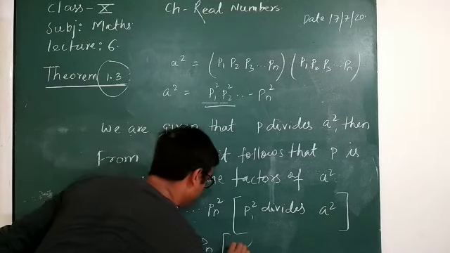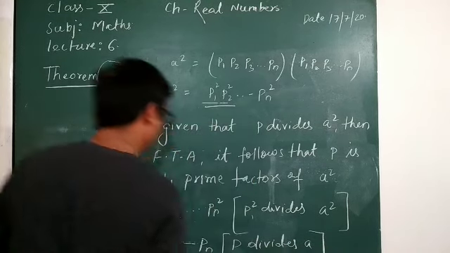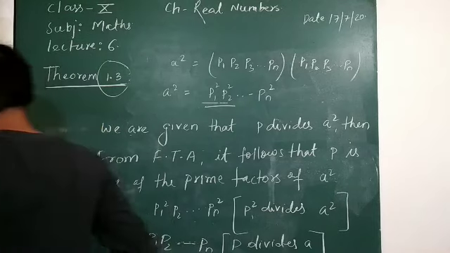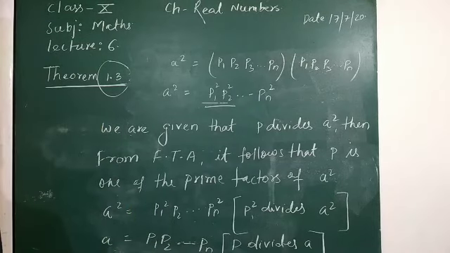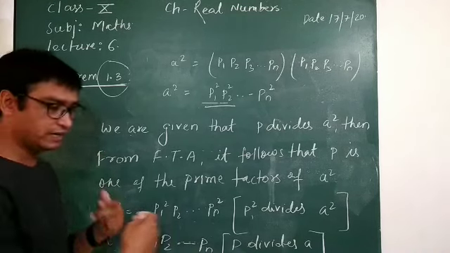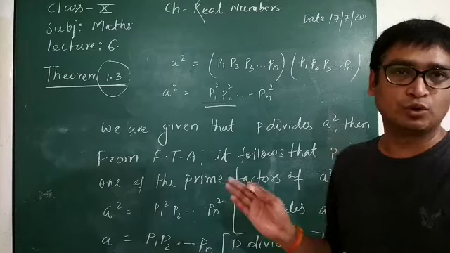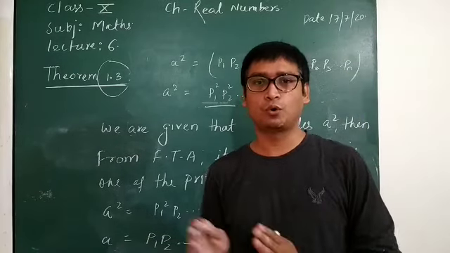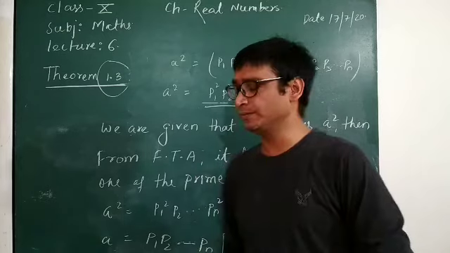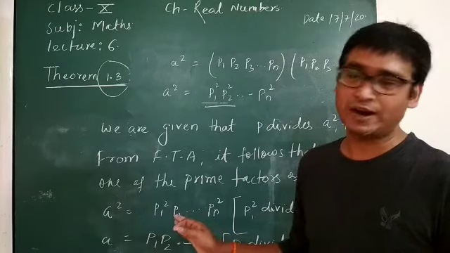So in bracket we can write P divides A. This theorem, this proof, is based on the technique that is called proof of contradiction. We will come to know how it is a proof of contradiction when we prove that root 2, root 5 is an irrational number. So this theorem has been proved on the basis of proof of contradiction.